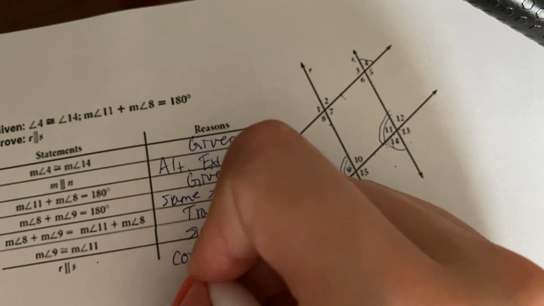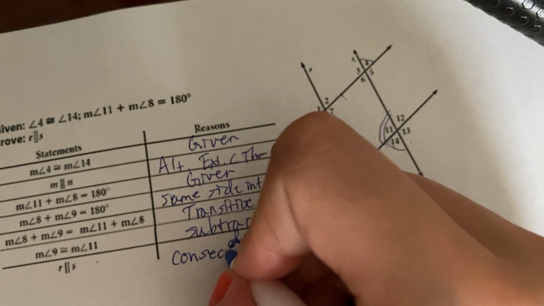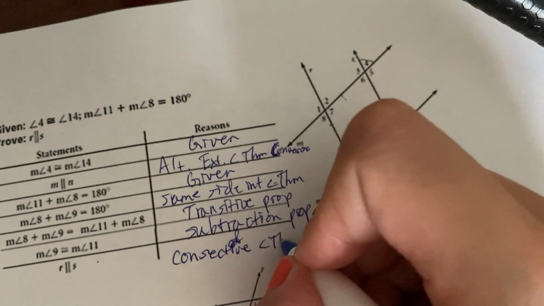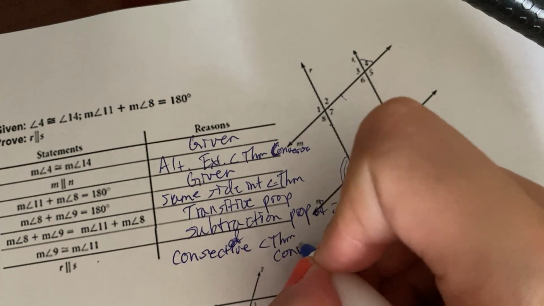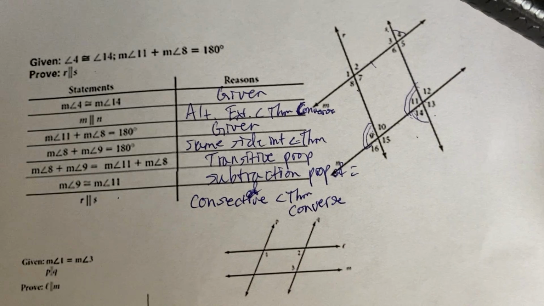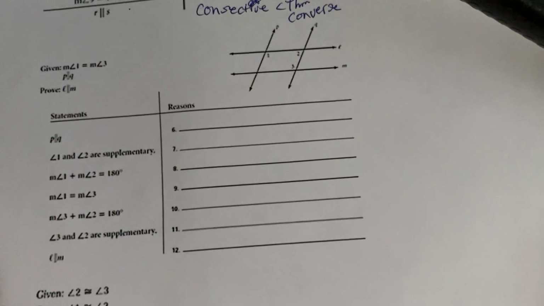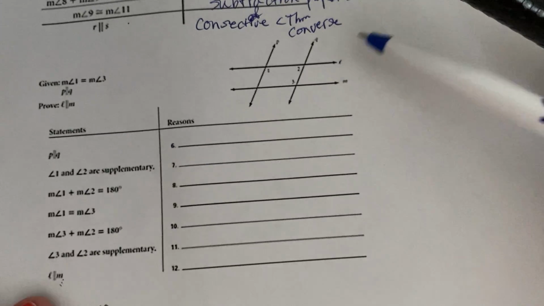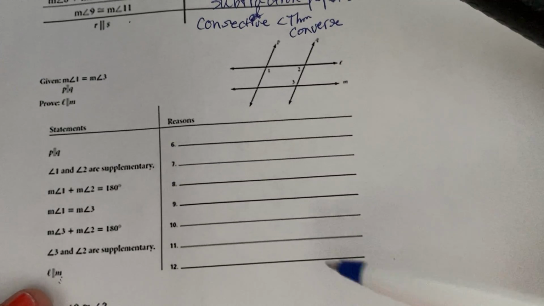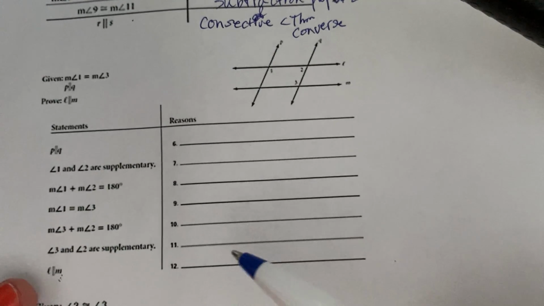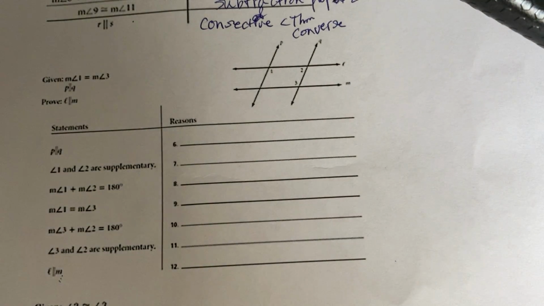So this would be the consecutive or corresponding consecutive angle theorem, but you need to add the word converse whenever you're proving something is parallel. So notice how we're proving something's parallel again. So you guys try this next one. Just know on this last step you're going to use the word converse at the end if you're trying to prove something is parallel. So go ahead and try these.